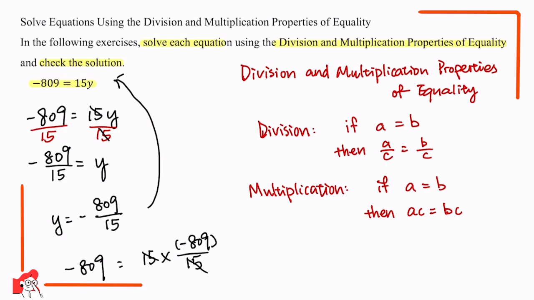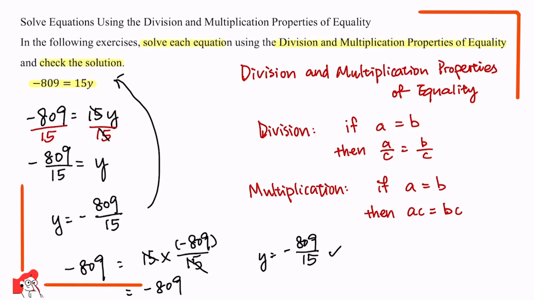And 15 cancel out, and we have negative 809 on the right side as well. So that equation works. So we know y equals negative 809 over 15 is the correct answer.